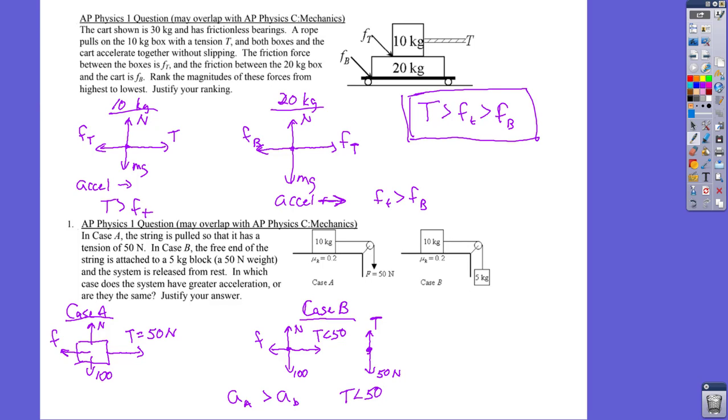Okay. You could also look at this in terms of a systems approach.